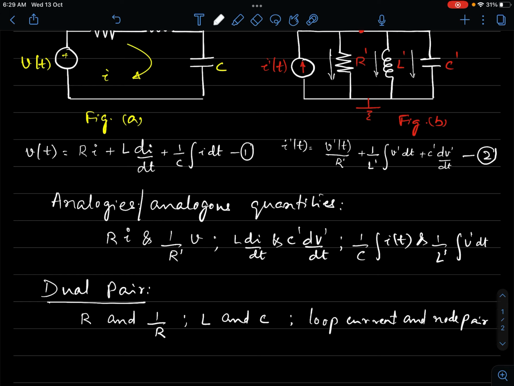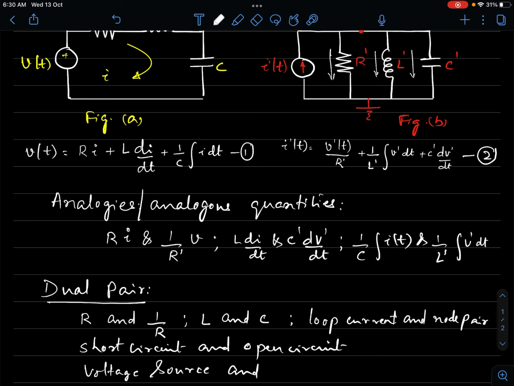All right, and a short circuit and an open circuit, again a dual pair. Voltage source and current source, as a dual pair, right?